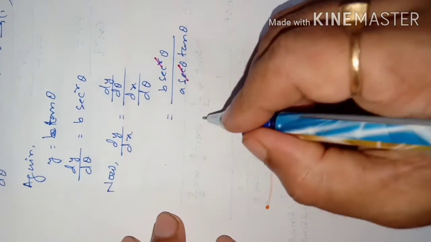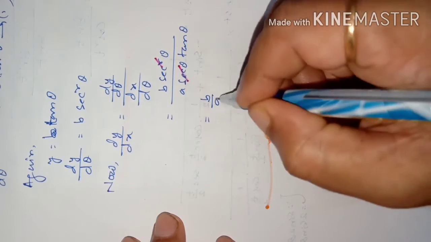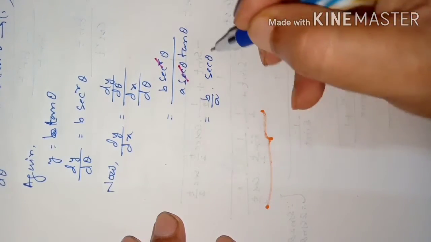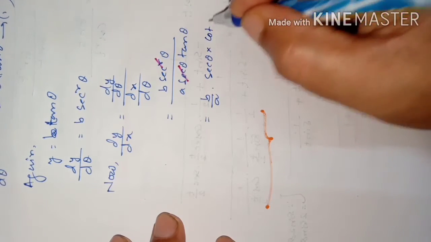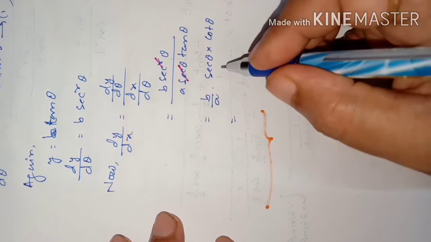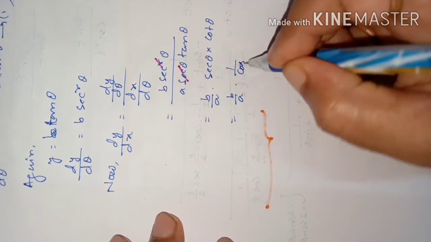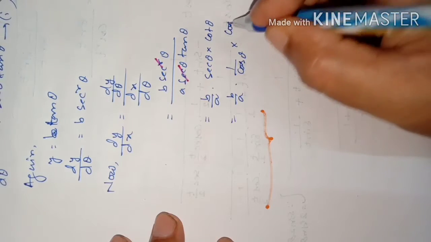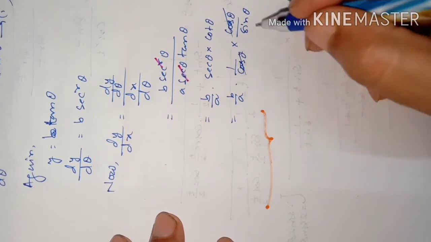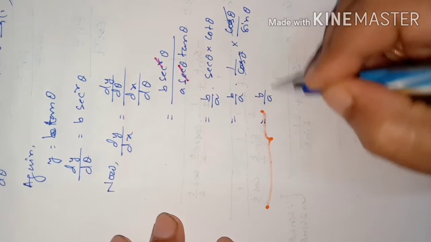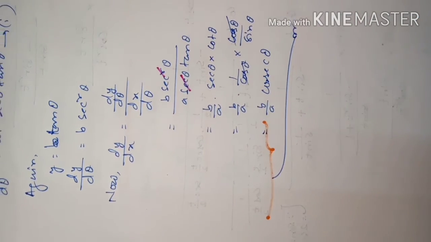So we have b sec theta by tan theta, b by a sec theta into 1 by tan theta, which is cot theta. So sec theta can be written as 1 by cos theta. So b by a into 1 by cos into cot theta as cos by sin. So this result will be 1 by sin, that means cosec. b by a cosec theta. This is dy by dx.